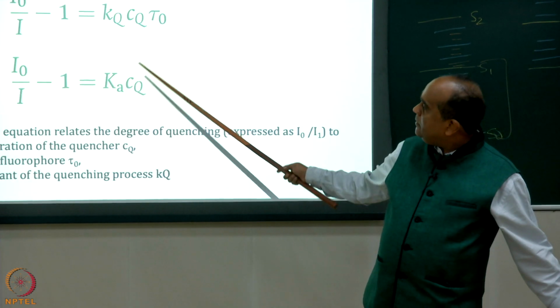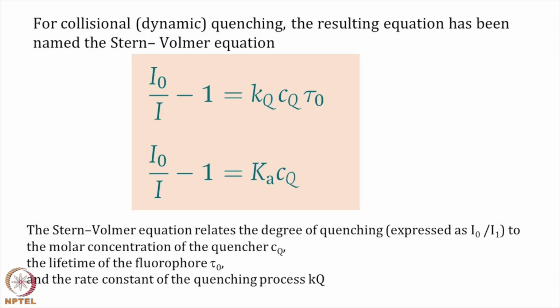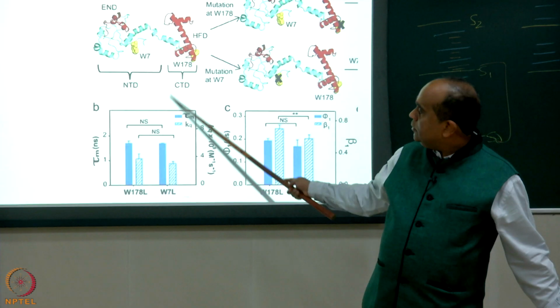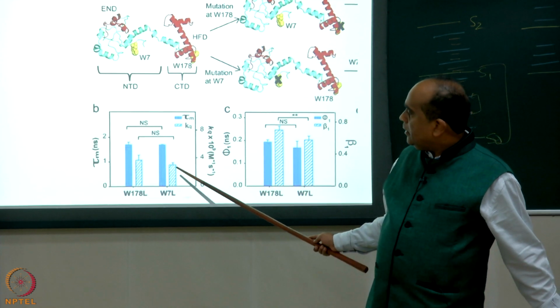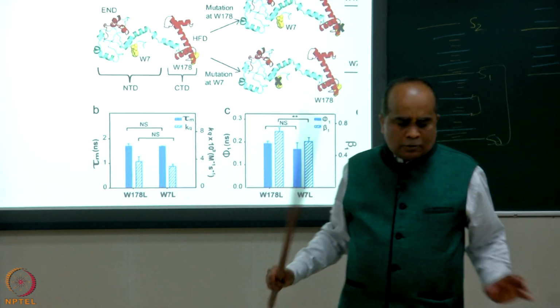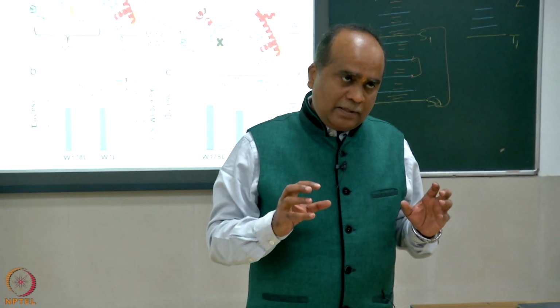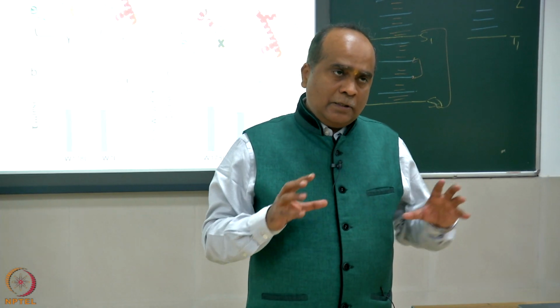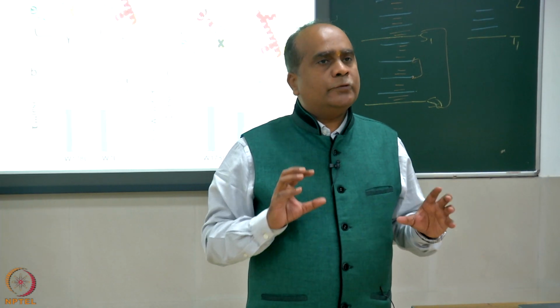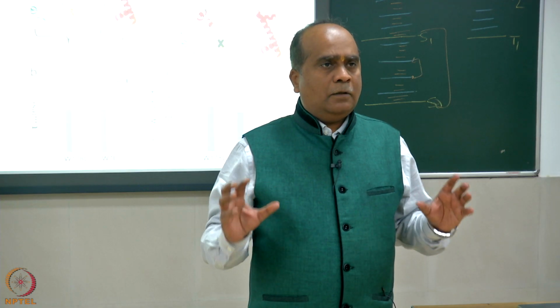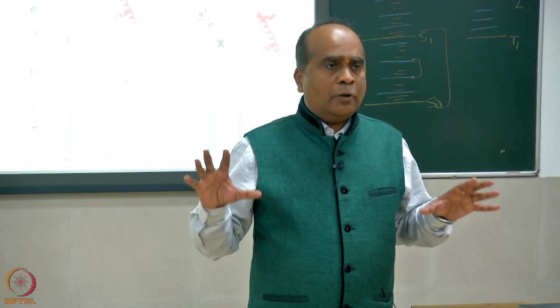Here is the experiment that we did, and using quenching we found that both of them are not that free. So by just doing a simple quenching experiment we could find out the local environment of the 2 tryptophans, how buried or not buried, and we got some idea.